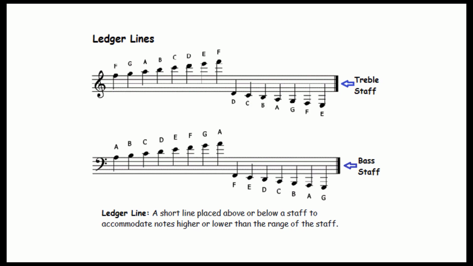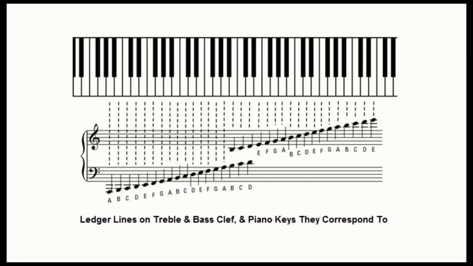A line a bit longer than the note head is drawn parallel to the staff, above or below. These short lines are spaced at the same distance as the lines of the staff. Ledger lines are nothing more than a continuation of the staff.